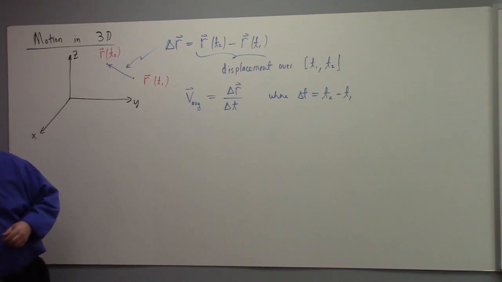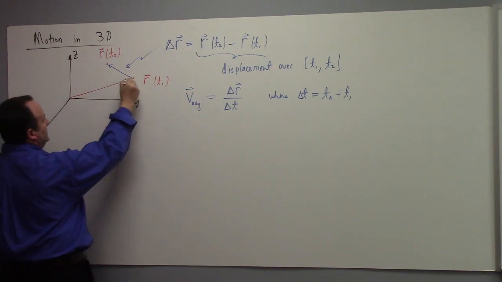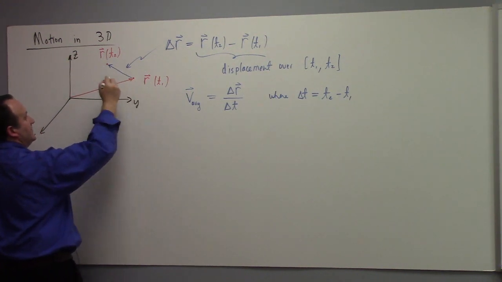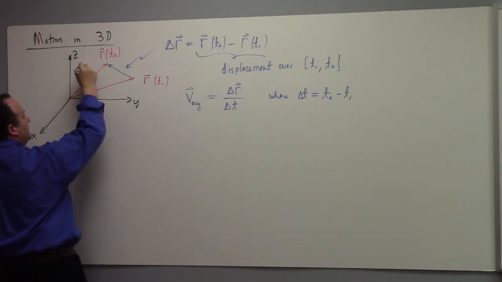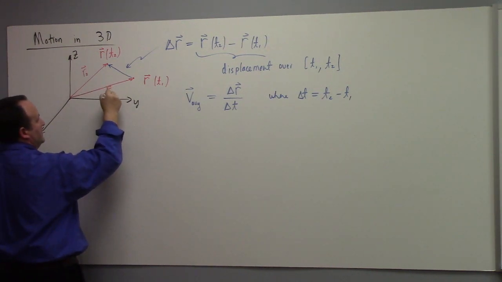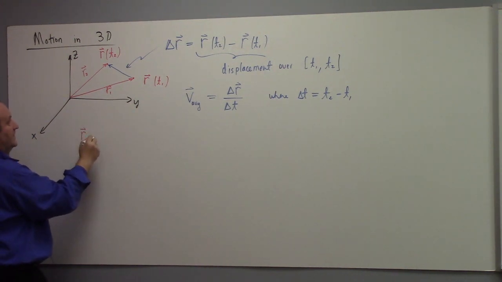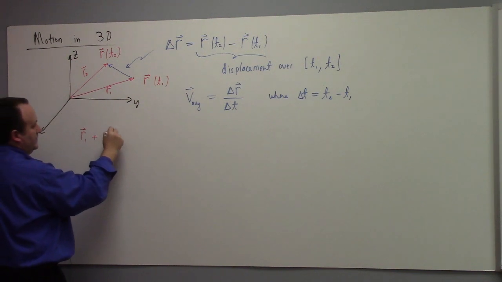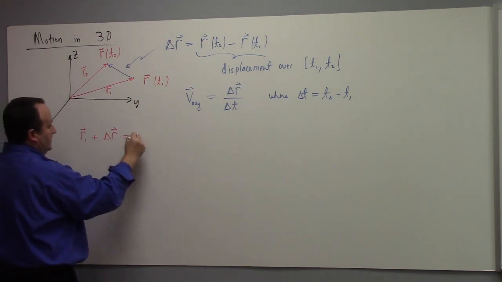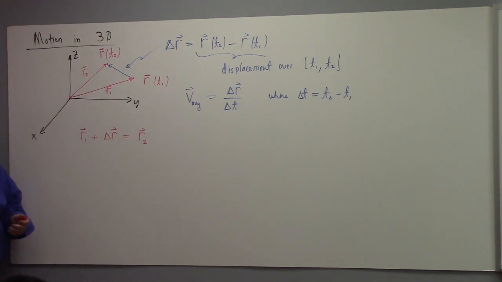See, because there's more that we can see here. This is the position vector r1, and this is the position vector r2. What we see here is that r1 plus the displacement vector is equal to r2. Can you see that?